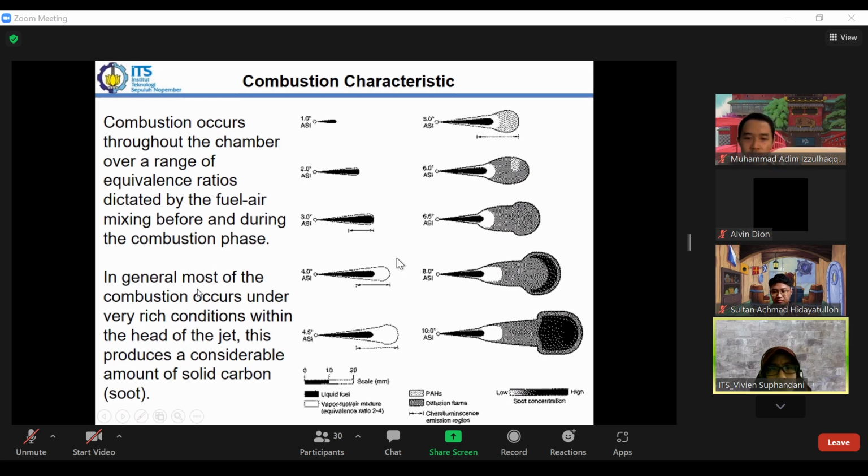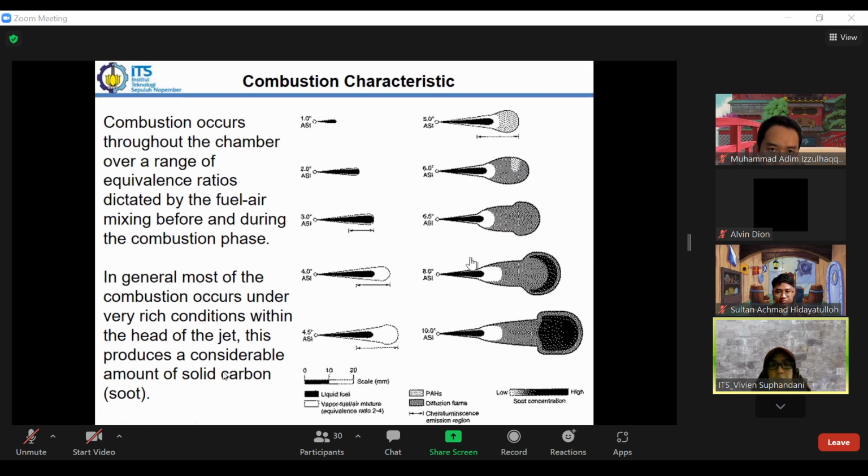In general, most of the combustion occurs under very rich condition within the head of the jet. Very close to the injection, the combustion starts, at very rich condition, close to the jet.